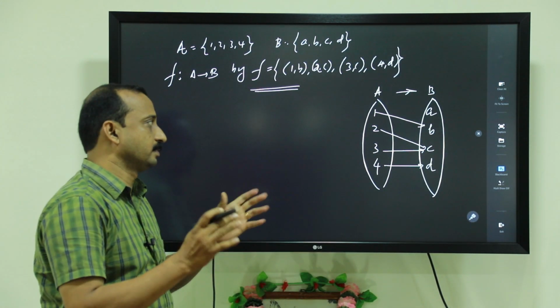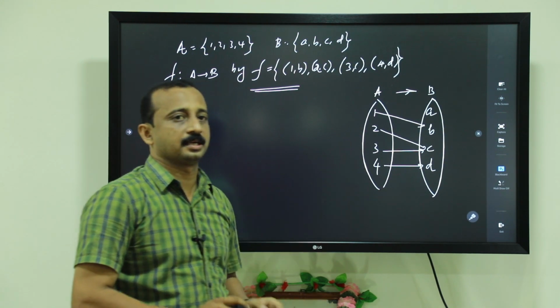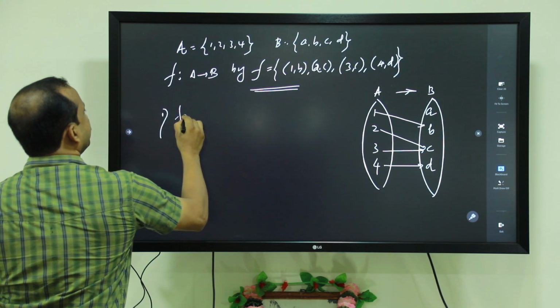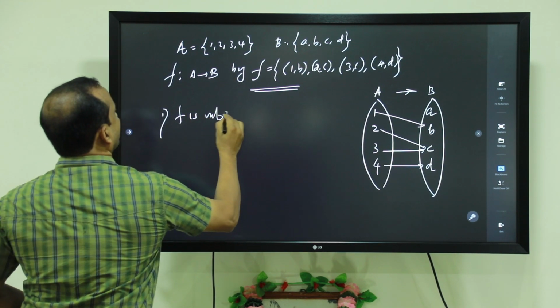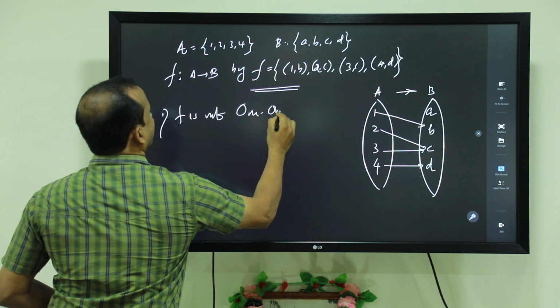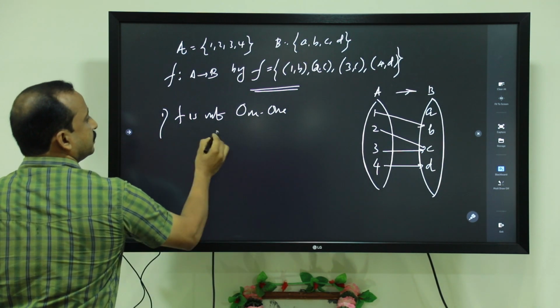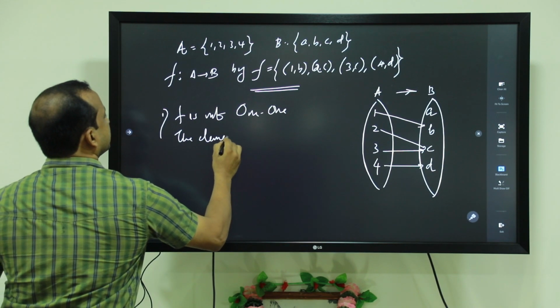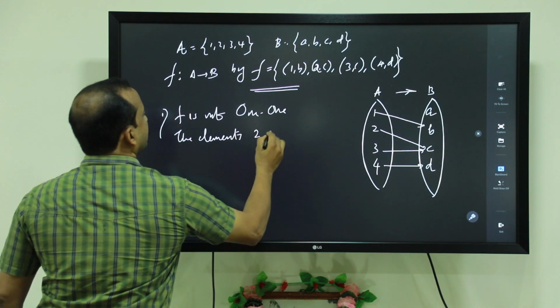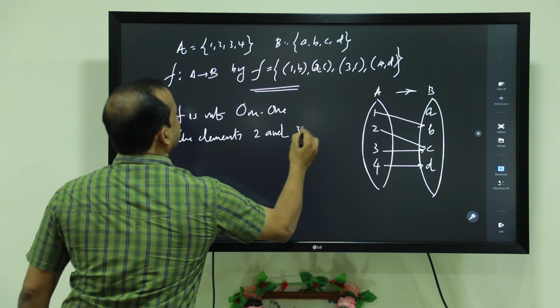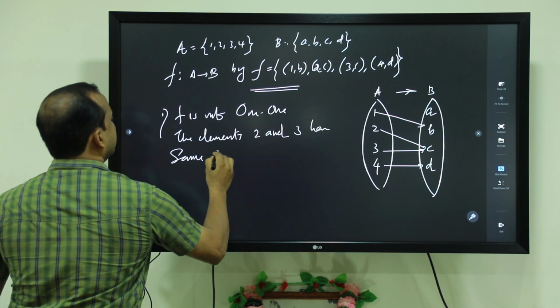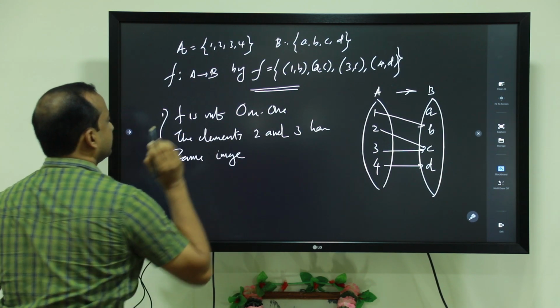Clearly f is not one-one because the elements 2 and 3 have the same image. So first, f is not one-one, because the elements 2 and 3 have the same image.